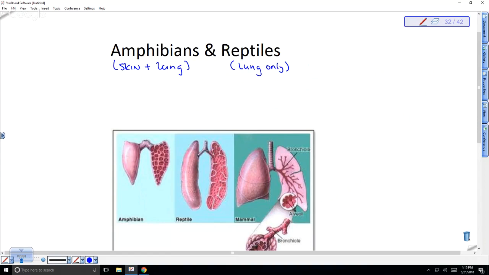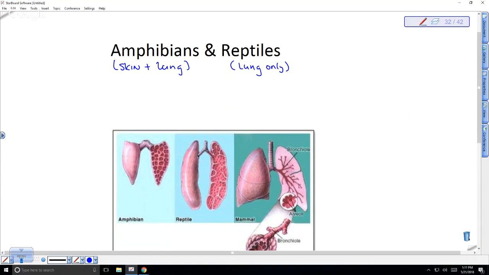So if you look at the amphibian, it actually has smaller lungs and it has less surface area. And also they actually have to use muscular force to force the air into the lungs. And that actually takes quite a bit of energy. So they essentially have to gulp their air in order to fill up their lungs. So it's like being on a ventilator, where you have to force air into your lungs to inflate them.